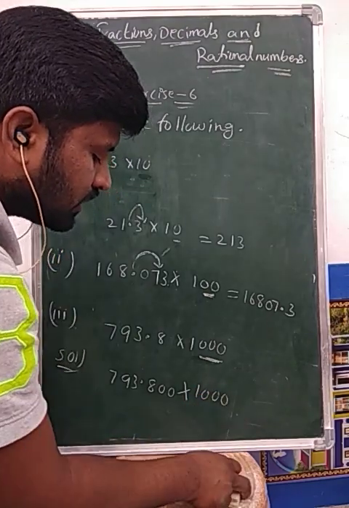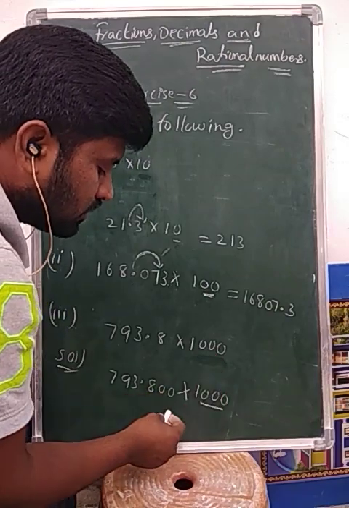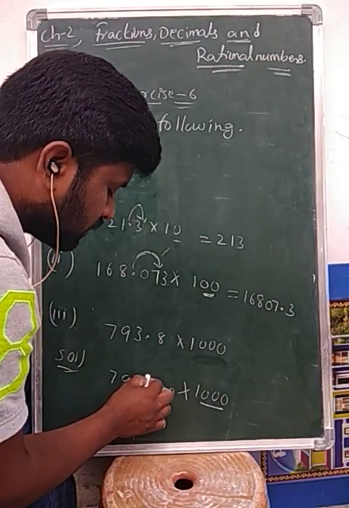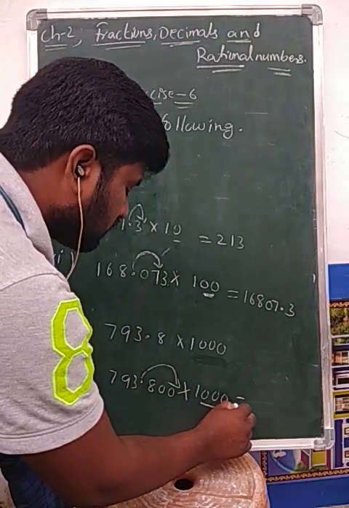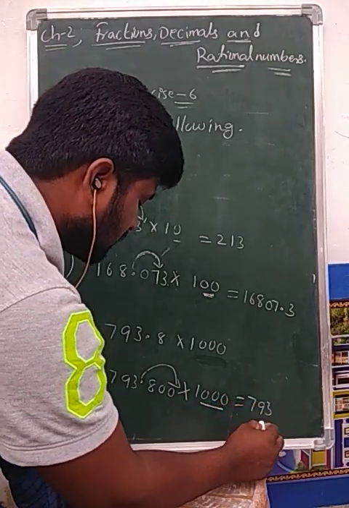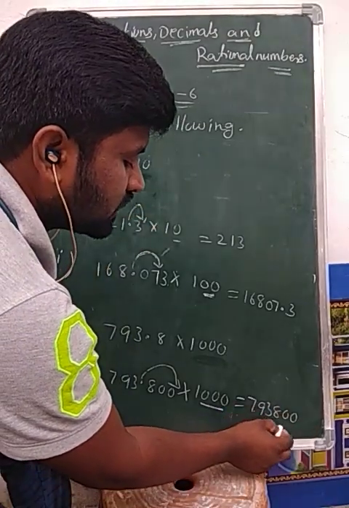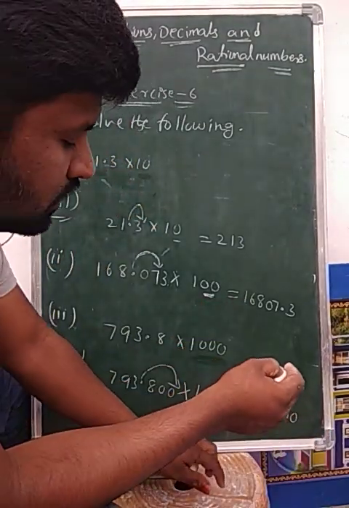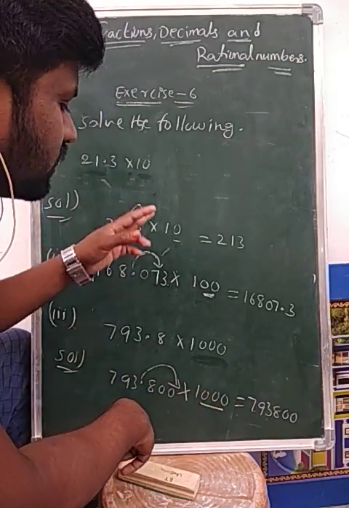Now clearly in the multiplier there are 3 zeros, so the point is shifted 3 places to the right side. So that is nothing but 793,800, that is 7,93,800. So like this we can multiply decimal numbers with powers of 10.